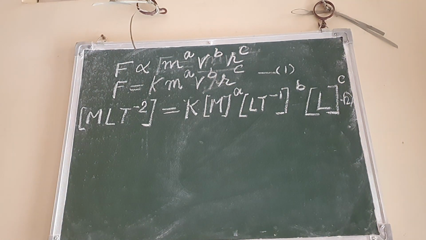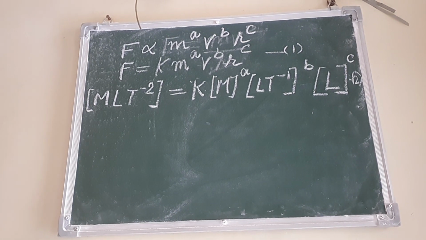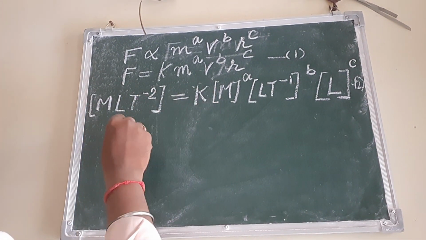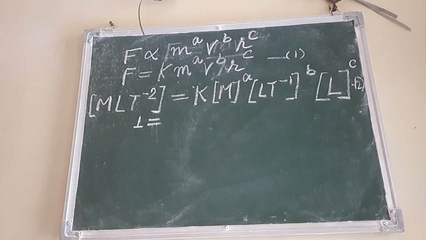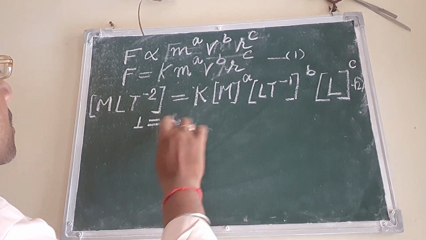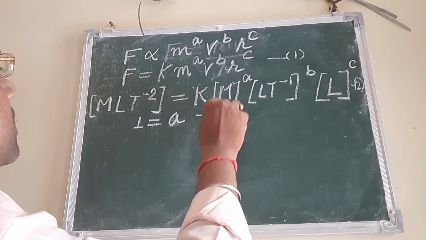Now we are comparing the dimensions of M, L, T on both sides. Comparing the dimensions of M, the dimension on the left side is 1, and on the right side is a. So the value of a is 1. This is our third equation.